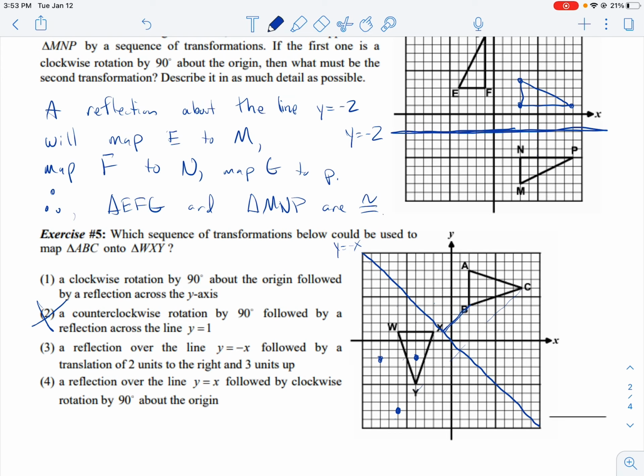Okay, very good. So there's that triangle, a reflection over that line. And then let's see, followed by a translation of 2 units to the right and 3 units up. This one's looking pretty promising. All right, so there's our reflection, and I'm going to go 2 units to the right, so 1, 2, 3 units up brings me there, 2 units to the right brings me there. Aha! That's our winner.